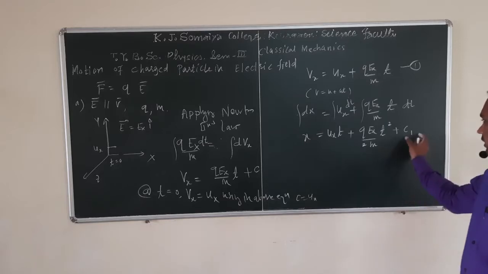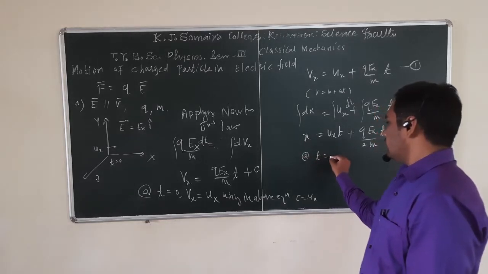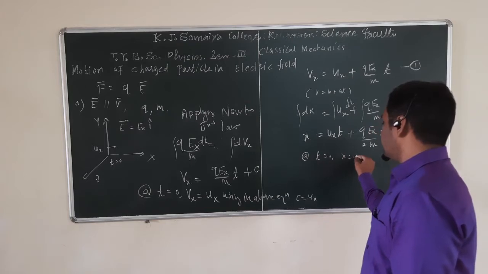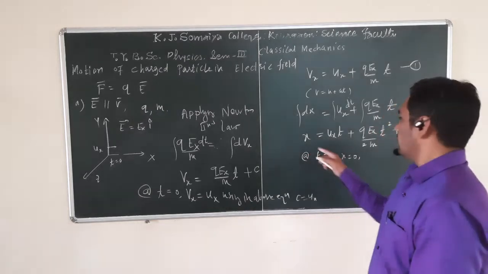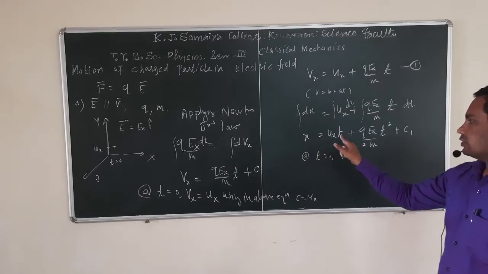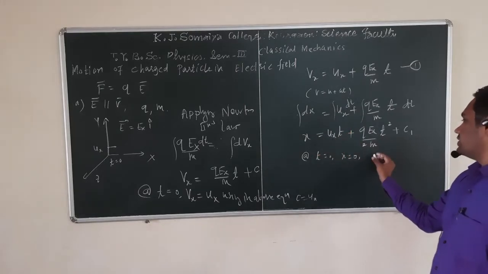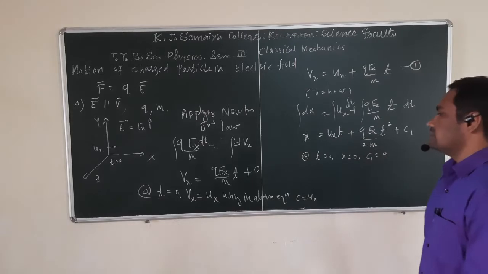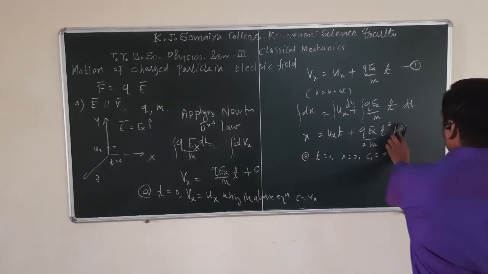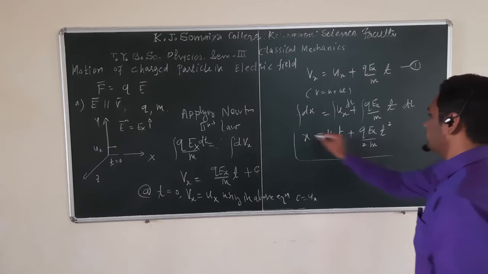To find out that constant of integration, we know that at t equal to 0, its x position is 0. So if you put x equal to 0, t equal to 0 in this equation, this term becomes 0, this term becomes 0, which means the constant becomes 0. So we have the instantaneous x position given like this.